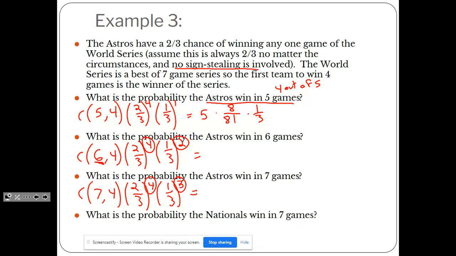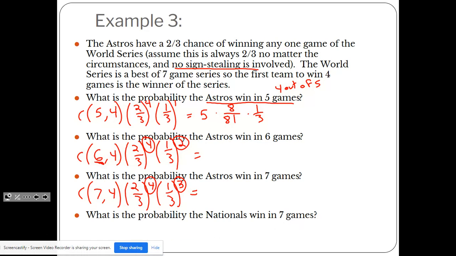Okay, last one: probability that the Nationals win. So obviously you can tell that I made this last year. Anyway, so probability the Nationals win, and this is in 7 games. So now I'm going to say success is the Nationals winning.